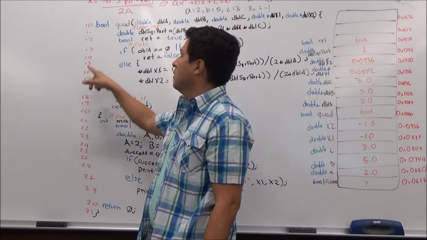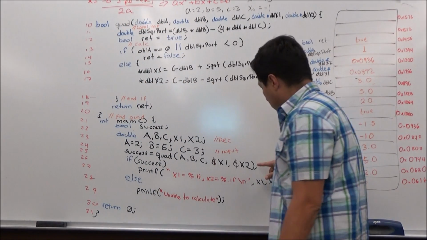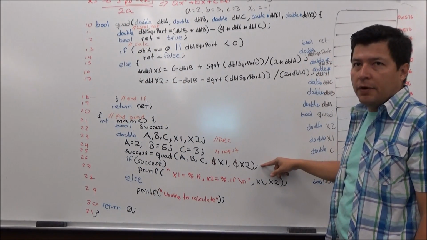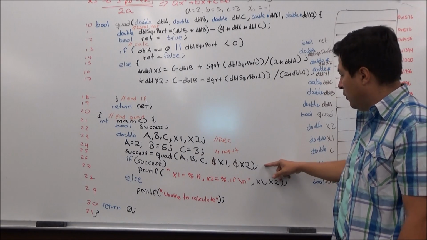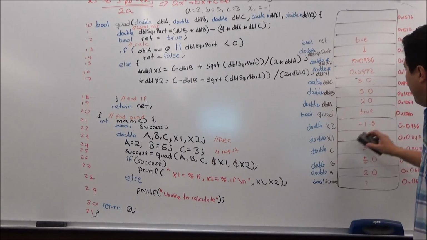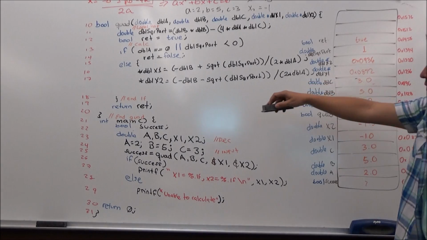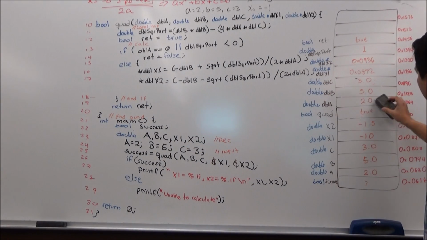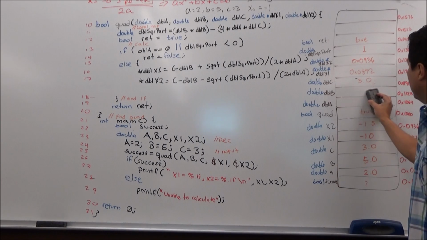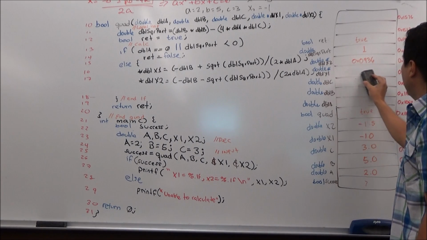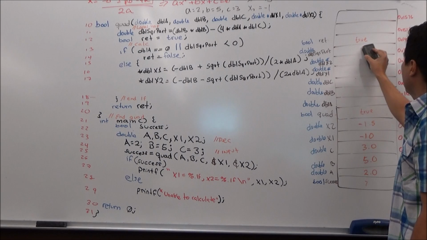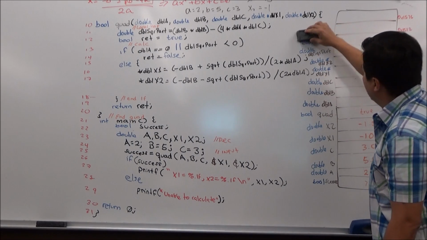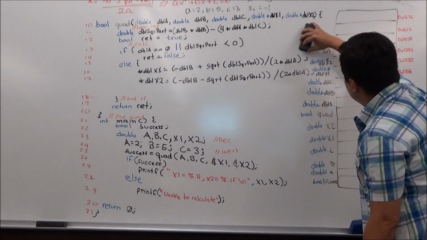That is the end of the function. And it goes back here, right? Because that's where I called that function from, line 25. And at that point, when I see this curly bracket, the computer is going to release all this back to the operating system, because all these variables were treated as local variables.